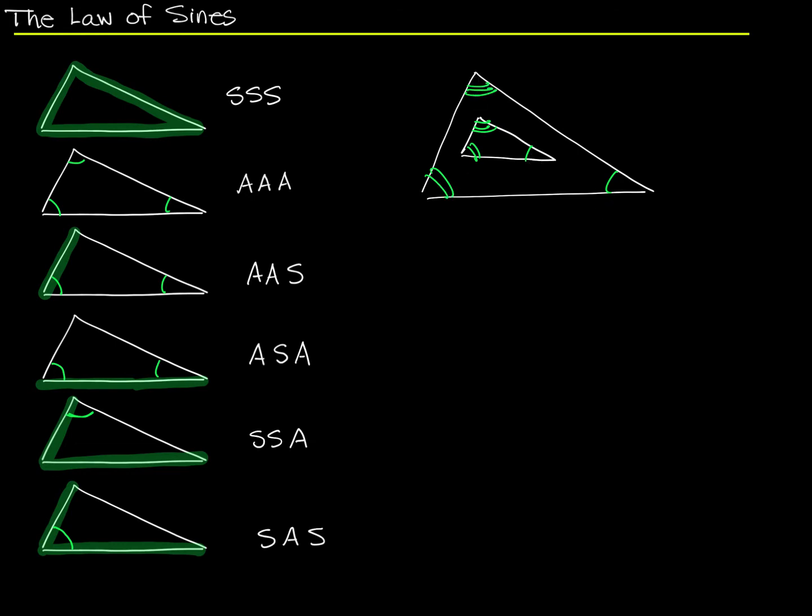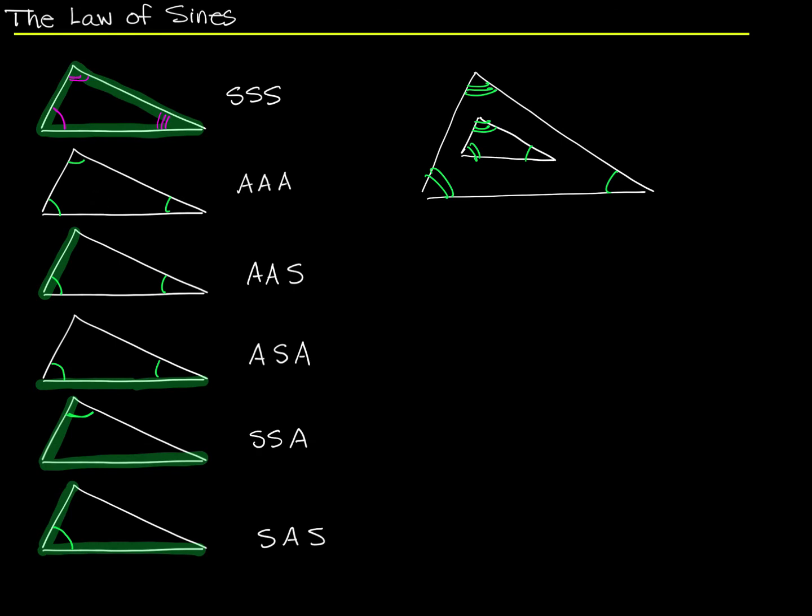So in the angle, angle, angle case, we cannot determine a unique triangle. If I give you the right pieces of information, you can figure out the other three pieces of missing information for this triangle. You can figure out the three angles here. Let's put those in pink. If I give you the green information, you can figure out the pink information. But you can't do that in the angle, angle, angle case. You don't get a unique triangle here.